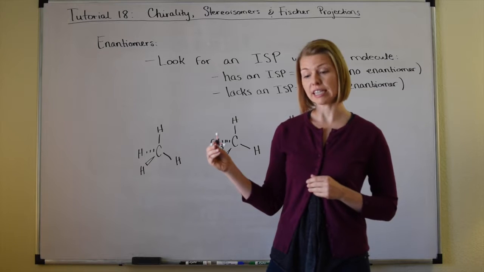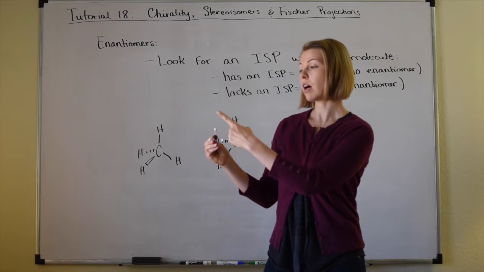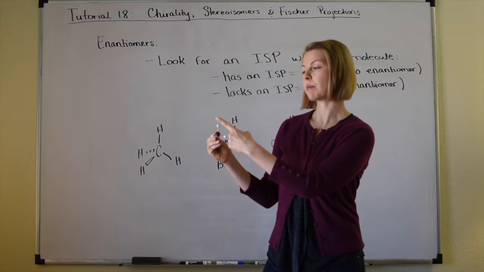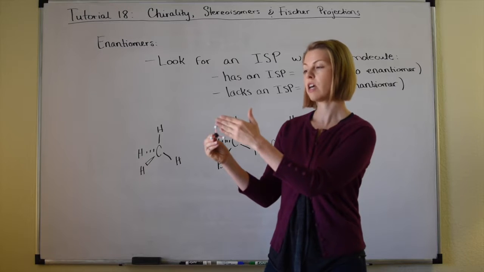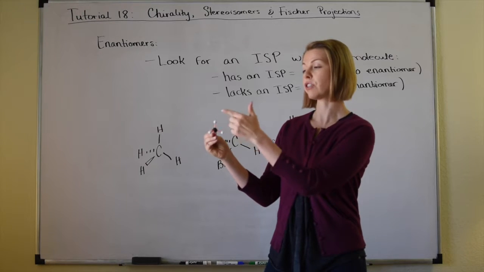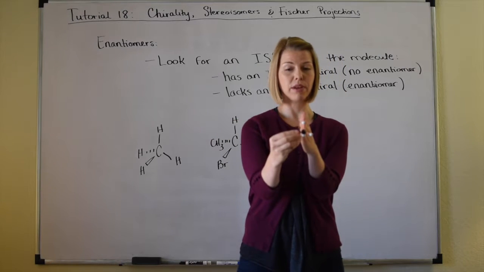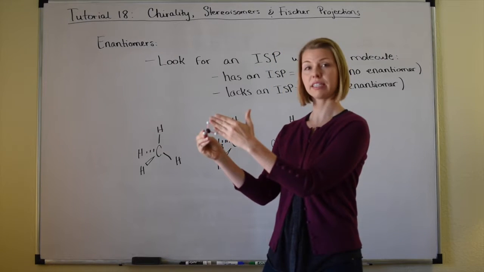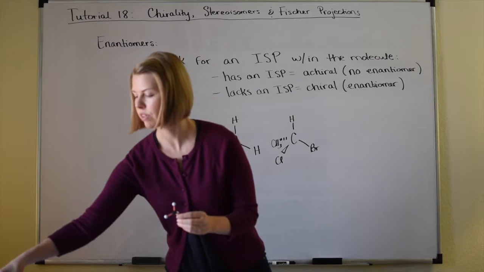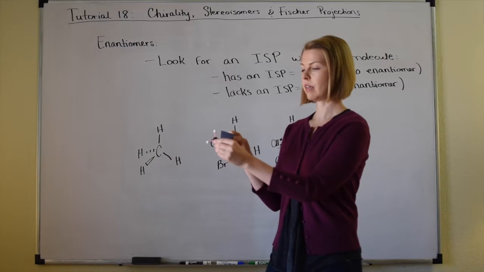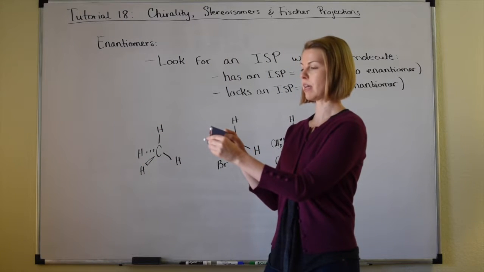This molecule actually has several. If we draw a plane that passes through this hydrogen, this carbon, and this hydrogen, a plane cutting through like this, notice that the hydrogens on each side of that plane would reflect. Maybe I'll hold it this way for a second. I have a little piece of paper that I thought might help if I use that as my plane.